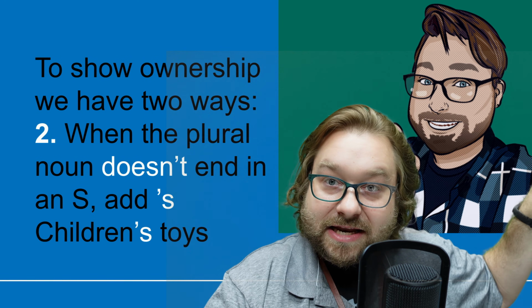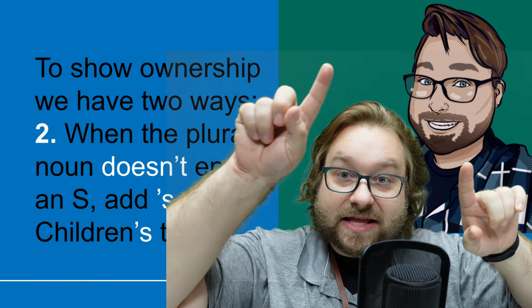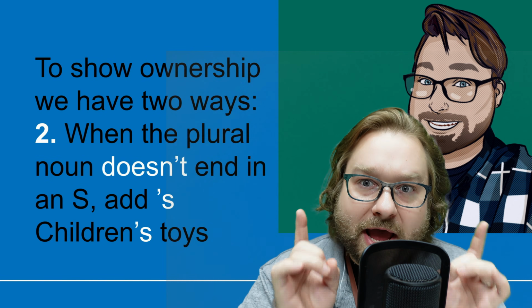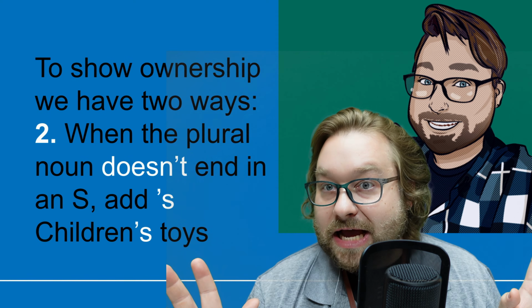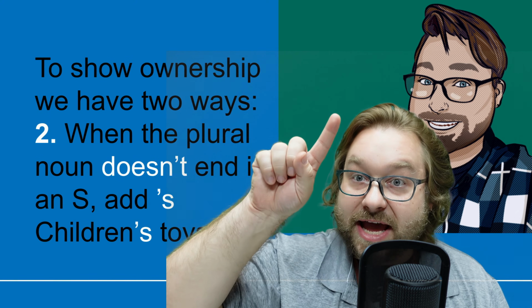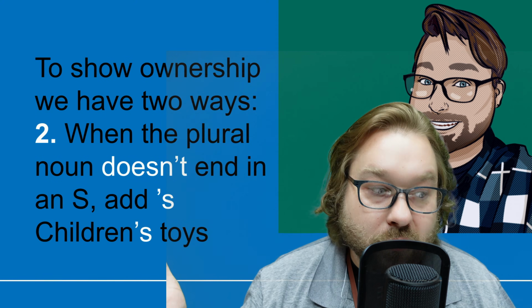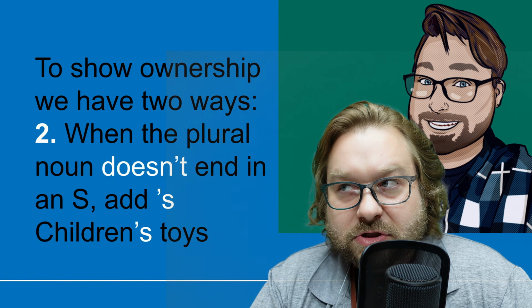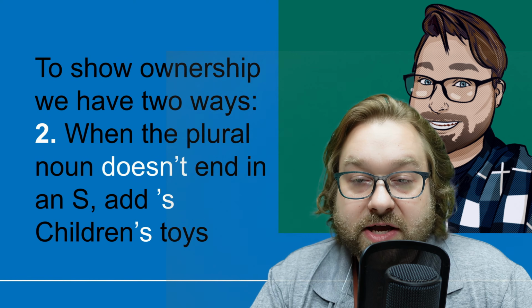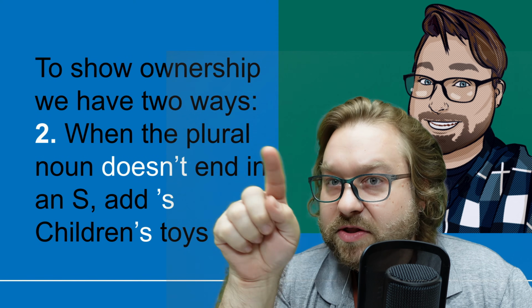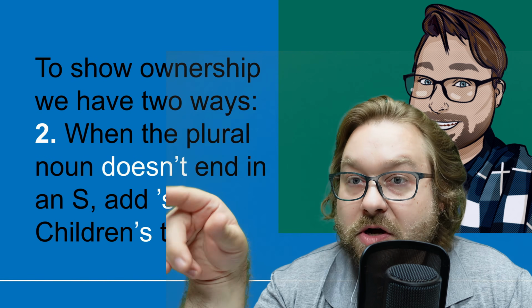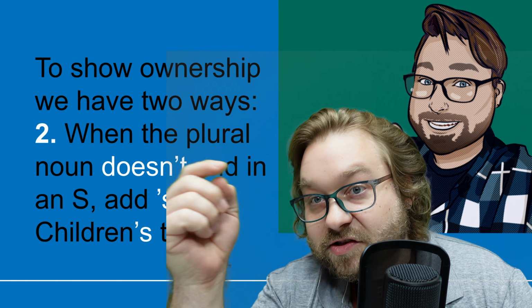So if the word ended with an S, we added the apostrophe after the S. But when the word doesn't have an S and it's plural, we add apostrophe S, just like normal, okay? So what about children? Children is many, many kids, right? Children means many, but there's no S.